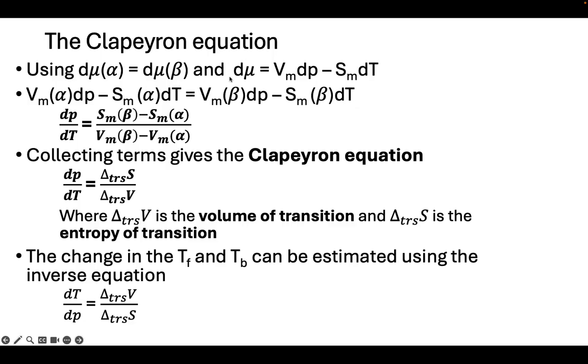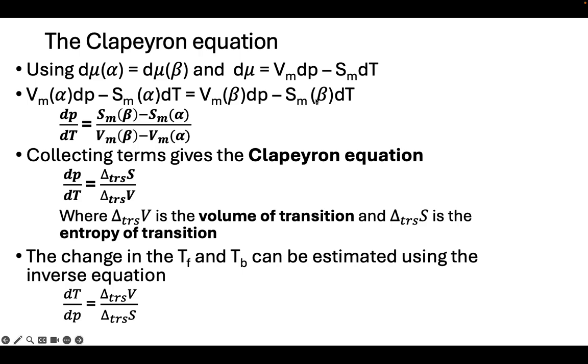Now the change in the chemical potential, which we saw earlier, is equal to the molar volume times the small change in pressure minus the molar entropy times the change in temperature. Then we do this on both sides: the molar volume of the alpha and the entropy of the alpha on one side, and the molar volume of the beta and the entropy of the beta phase on the other.